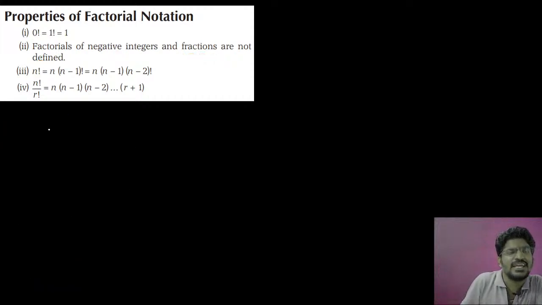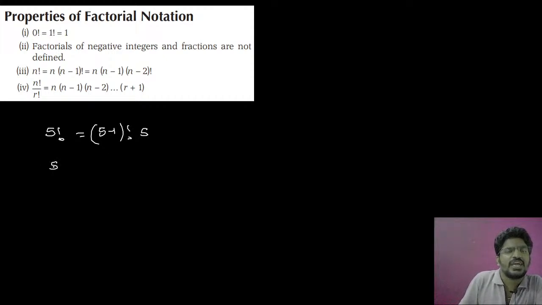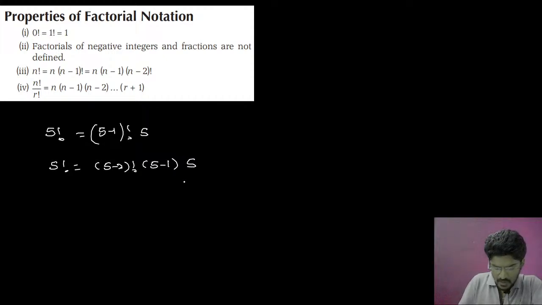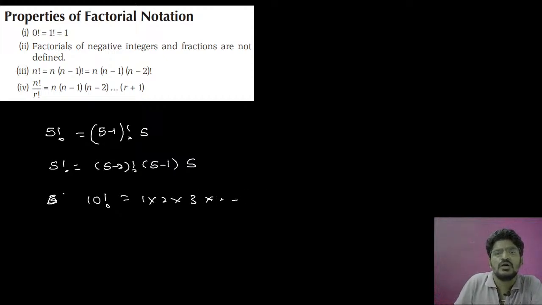So now you just listen here. If I want to calculate 5 factorial, I can write it as 5 minus 1 factorial into 5. I can write 5 factorial as 5 minus 2 factorial into 5 minus 1 into 5. I can write 10 factorial as 1 into 2 into 3 and so on to 4, 5, 6, 7, 8, 9 and 10.